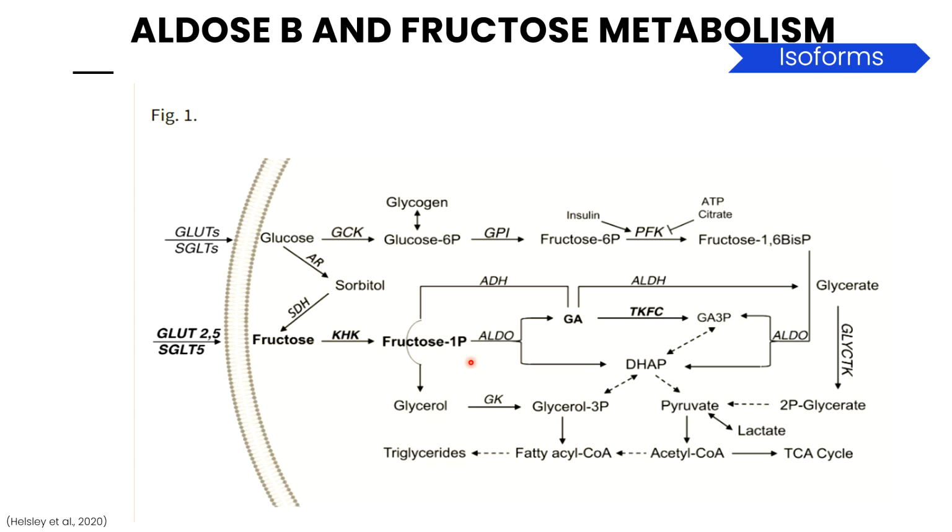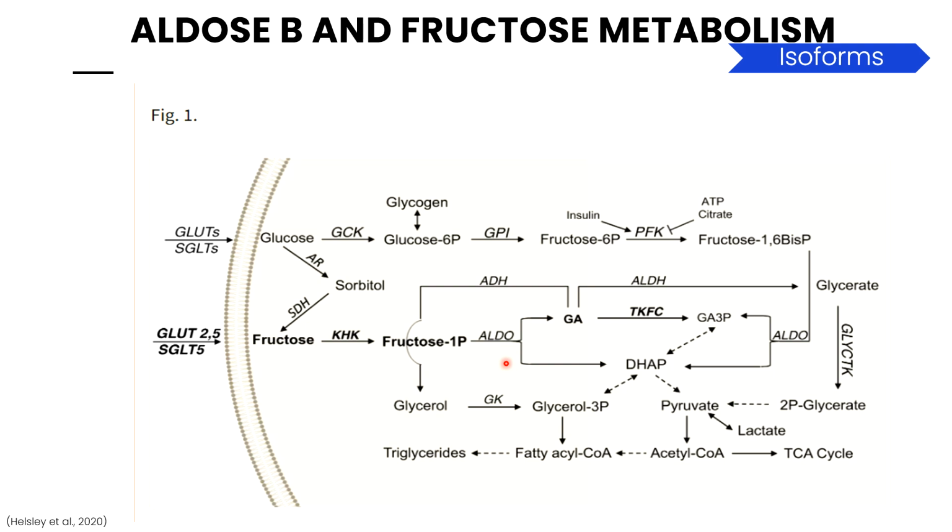So now let's return up here to our fructose 1P. For our lesson, this is the portion of the figure I want you to remember. Fructose is converted with the catalysis of KHK into fructose 1-phosphate. And then Aldolase B helps process that fructose 1-phosphate into 3-carbon products that connect with the central metabolism.